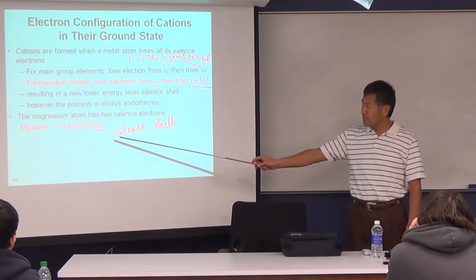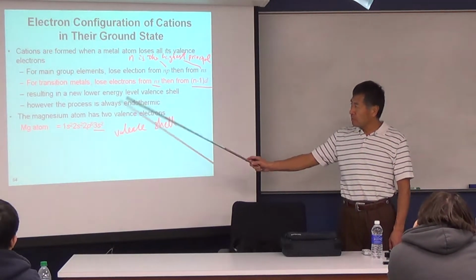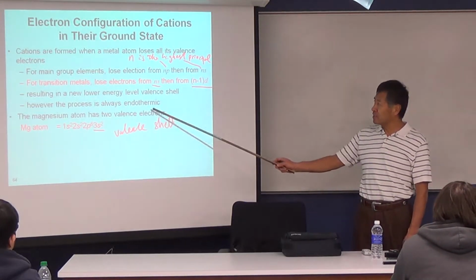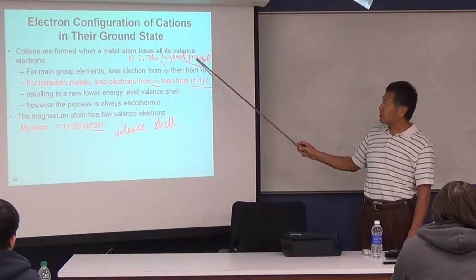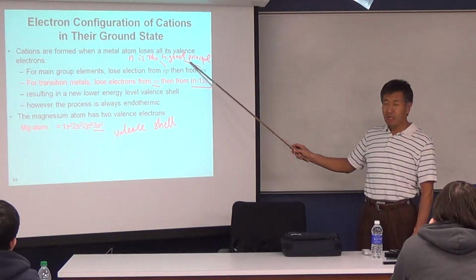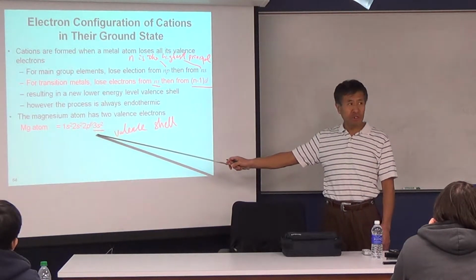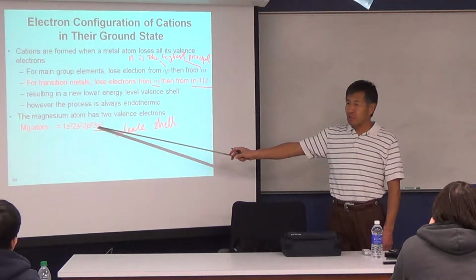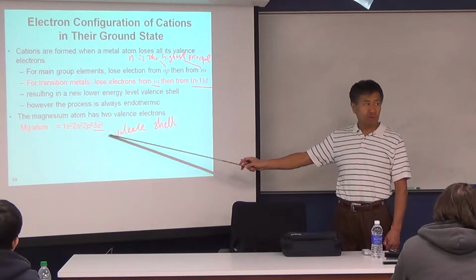In this example for magnesium, we don't have an np. The highest principal quantum number n in this configuration is 3, but we only have a 3s and we don't have a 3p.